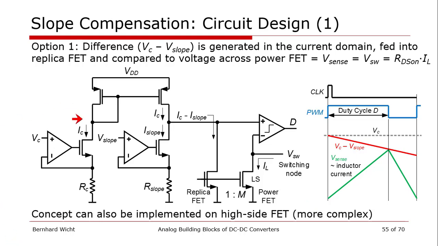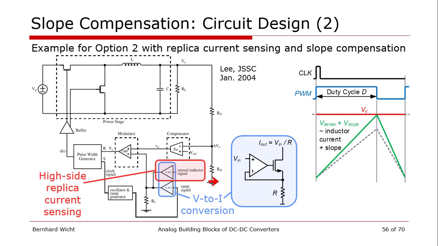The bottom line is that we do that in the current domain. If you want to subtract or add some values, you convert them from voltage to current, and then we can fulfill the slope comparison here. We feed it into the power stage and so on. So we do that in the current domain. This is option 1, and there's option 2 as well.